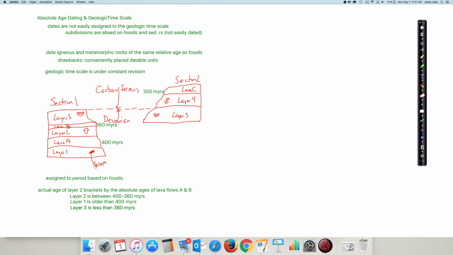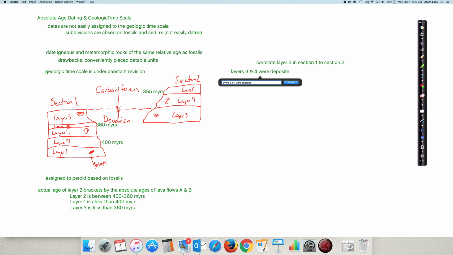Since we can correlate layer 3 in section 1 to section 2, we can gain more information. This layer is the same as this layer because we're using the fossils. So I correlate them together, and now I can use the information from section 2 to infer information about layers 3 and 4.